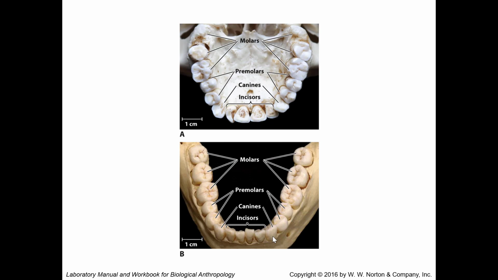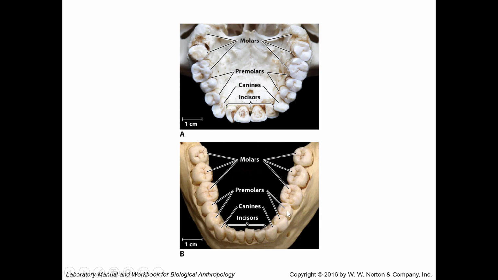In our primates, our canines are mostly used for aggressive threat displays and male competition behaviors, and they're generally cone-shaped.